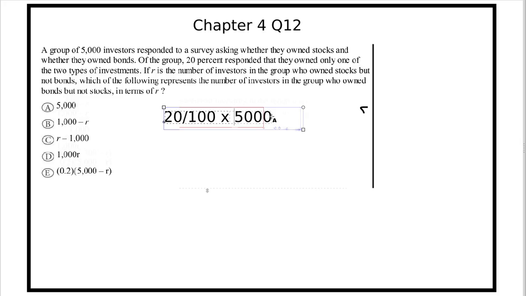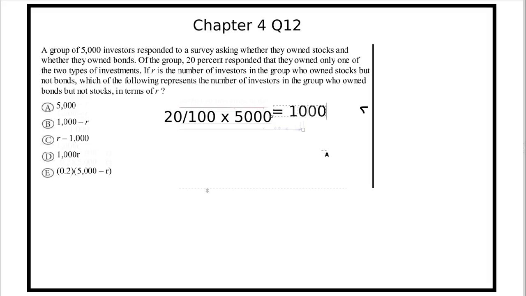So how many people are these? This 0 will go with this 0, and this 0 will go with this 0, so it's 2 times 50, so it will be 100, I think, 1,000, I think.